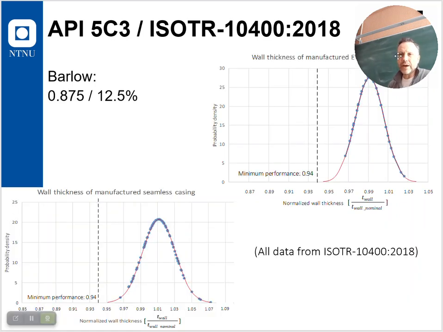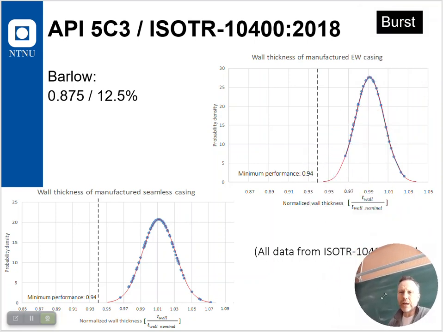And that's fine. Now here, if you take all the statistical data for wall thickness that is listed in the first edition, published in 2007, of ISO 10400, you'll find that the minimum performance, if you make a normal distribution of the wall thickness of pipe, you'll find that there's nothing going below 0.90.